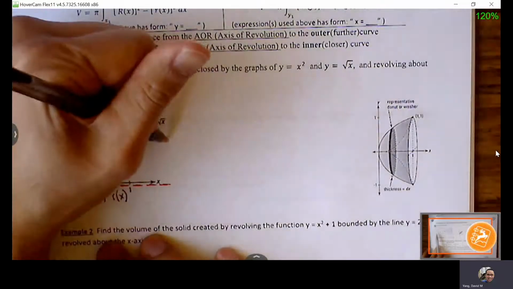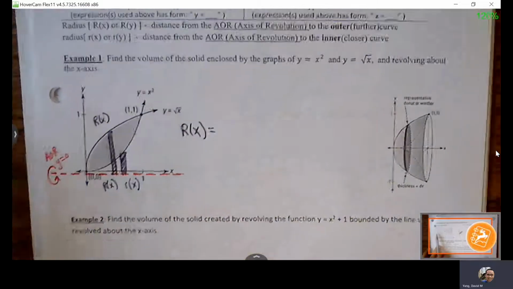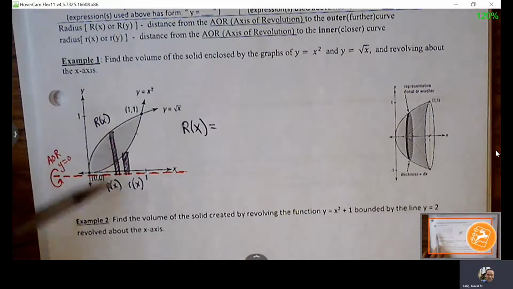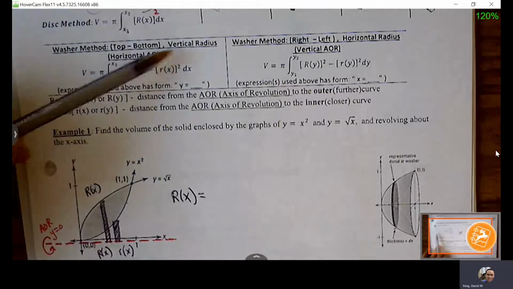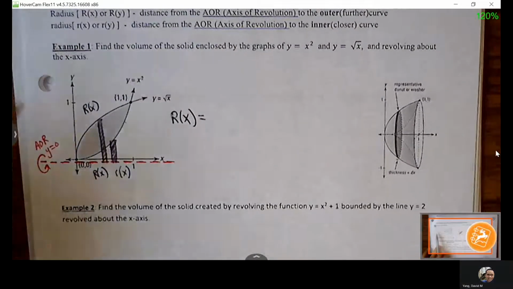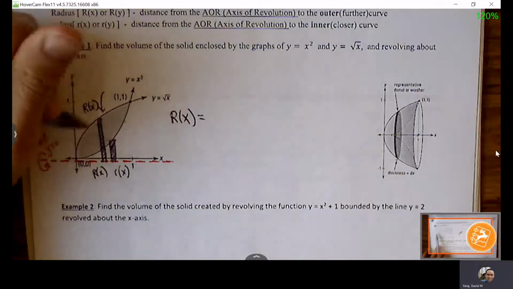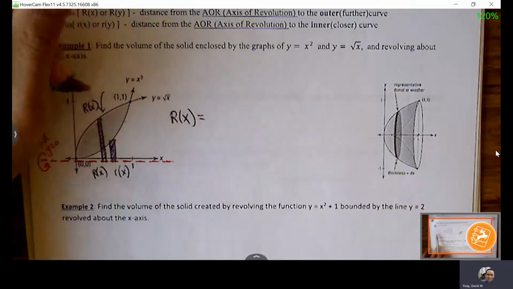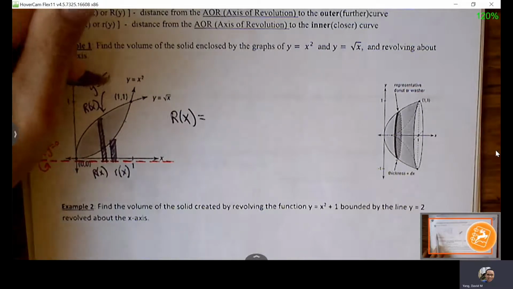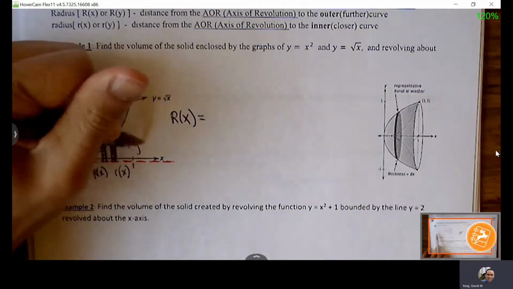Okay, so let's build our two radii before we involve the volume equation. For the big radius, we know this is going to be top minus bottom because our radius is vertical. The curve that's concave down here is y equals square root of x, and the curve below is y equals x squared.